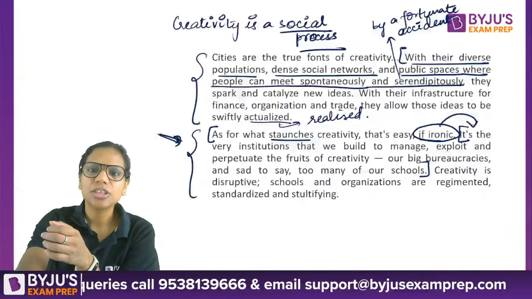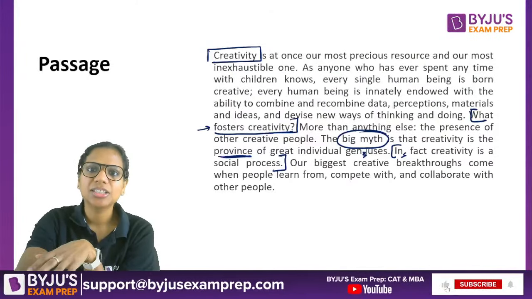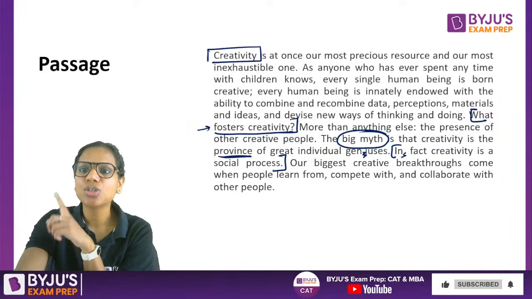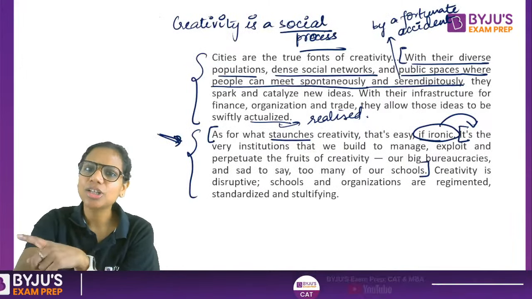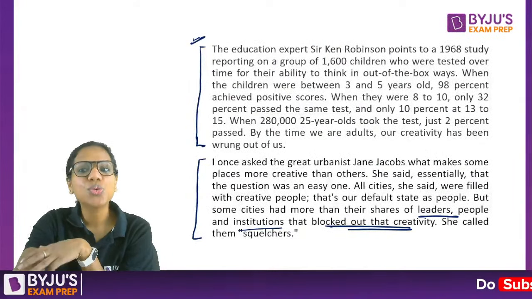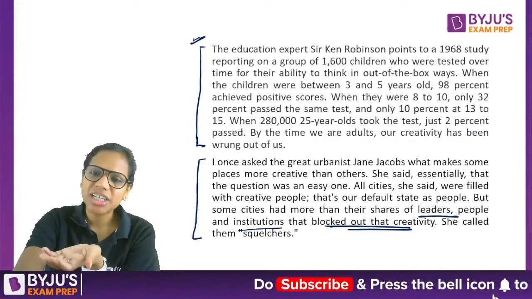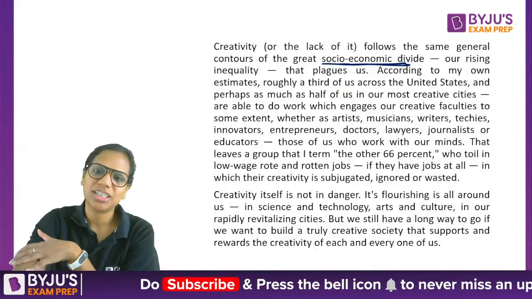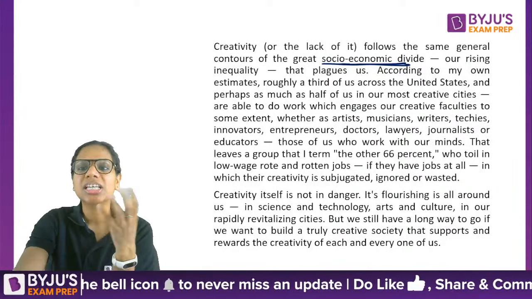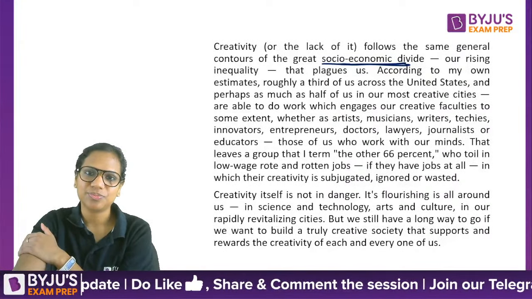The main point of this passage is not just cities. The main point of this passage is to show that creativity is a social process, and in that context the author talks about cities, bureaucracies, schools, leaders, institutions that can facilitate or block out creativity, right? And how, because it is a social process, it is subject to the socio-economic divide as well.